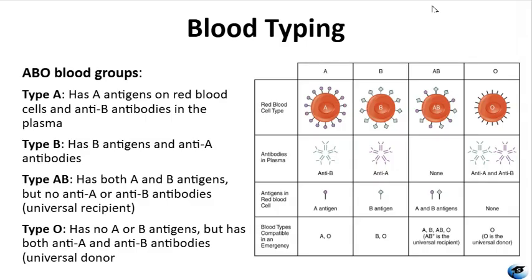And then type O blood lacks both A and B antigens on the surface, but its plasma contains both anti-A and anti-B antibodies. So this means that people with type O blood are universal donors because their red blood cells won't be attacked by recipients' antibodies.